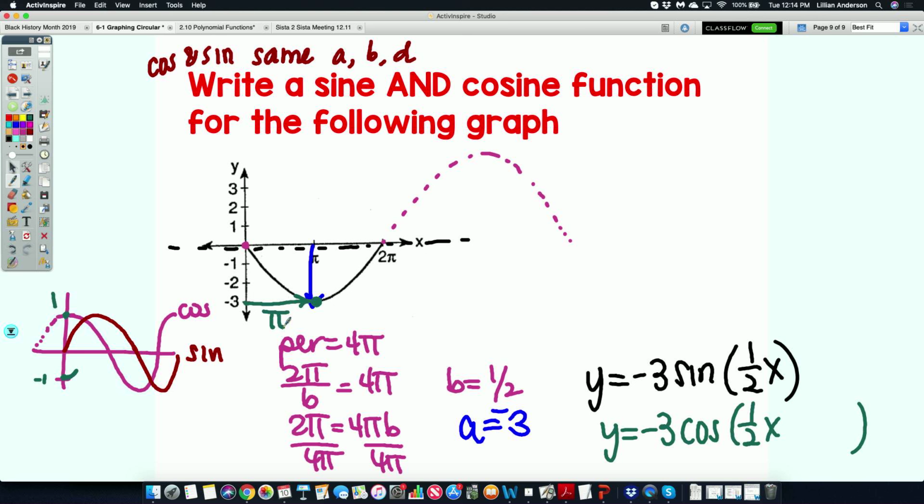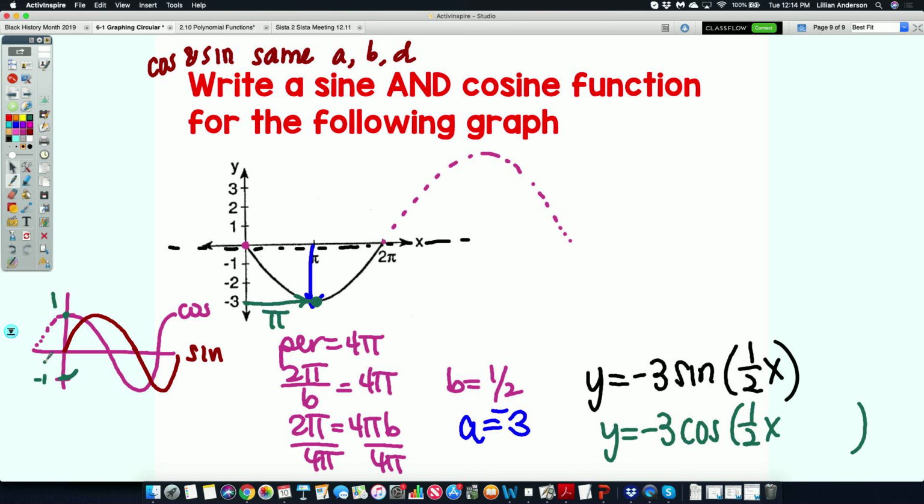The distance it takes from the y-axis to get to that point is your phase shift. I'll say that again. Normally cosine starts at 1. But because it got reflected over the x-axis, it would have technically started at negative 1.